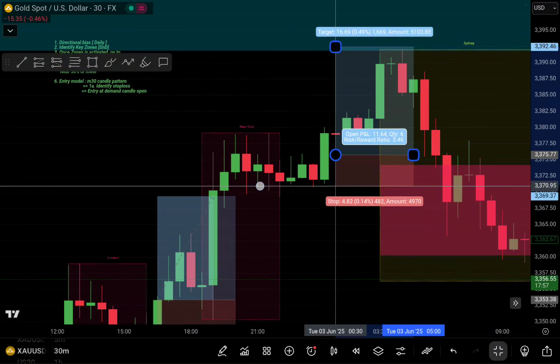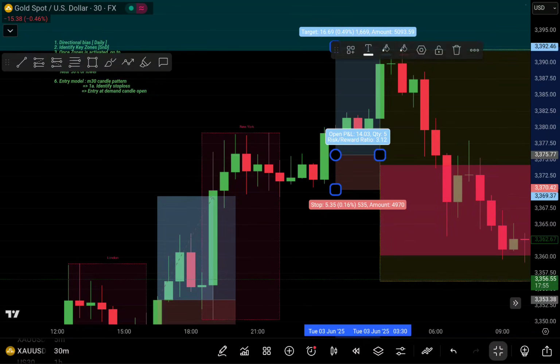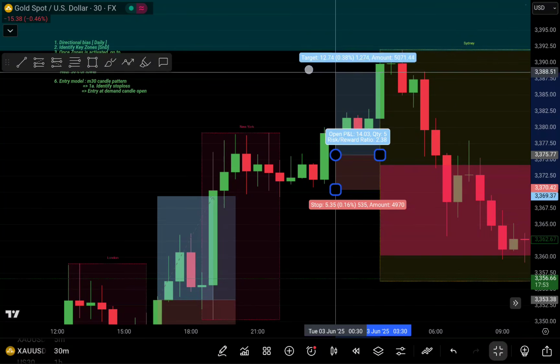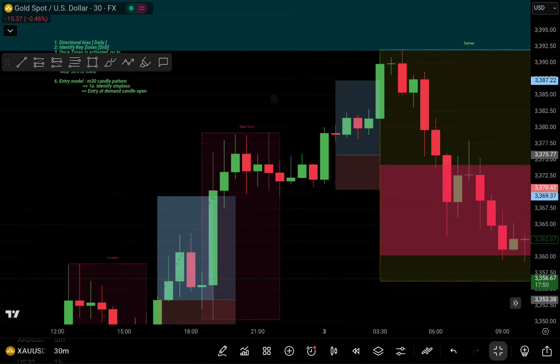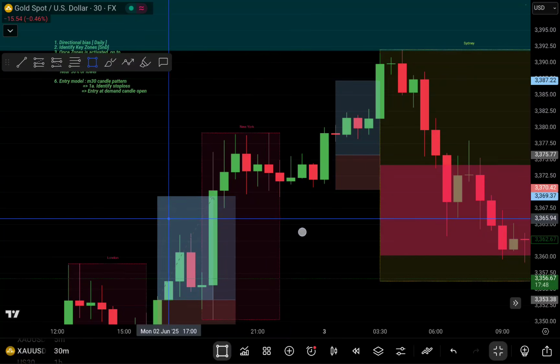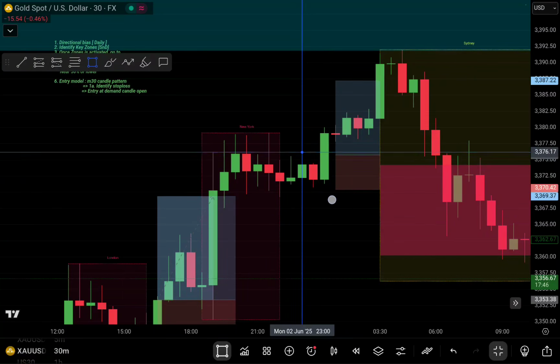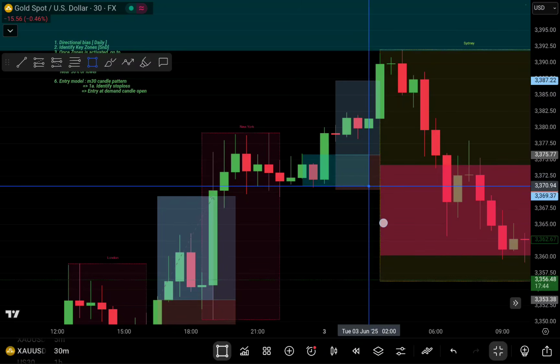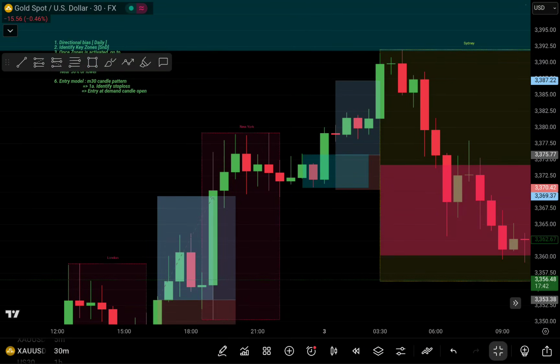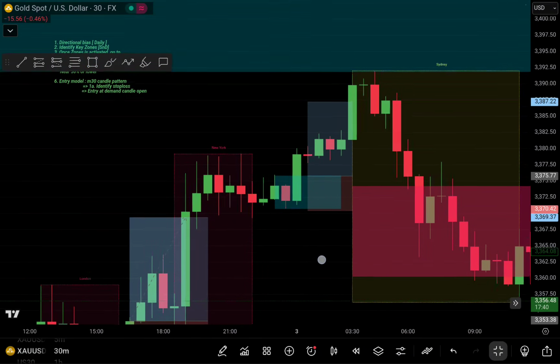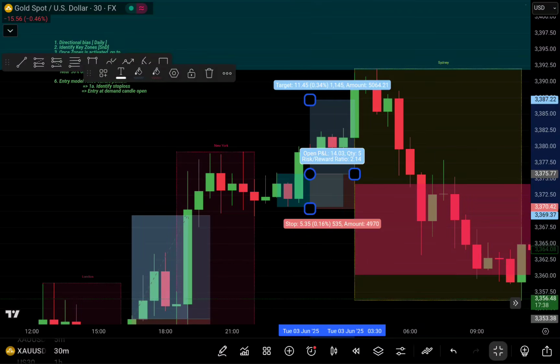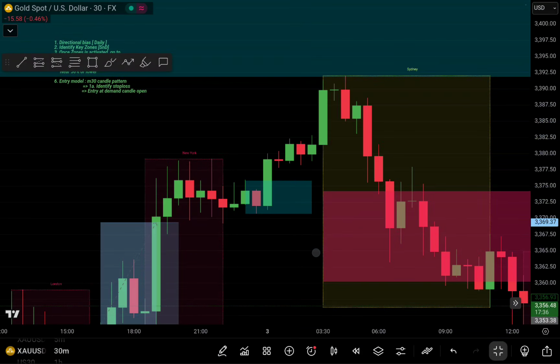So what I'll do, I'll just keep my entry here. First I'll try here, because see, this is our sell to buy zone. Sell to buy, so entry here, but this trade was never triggered, so ignore.